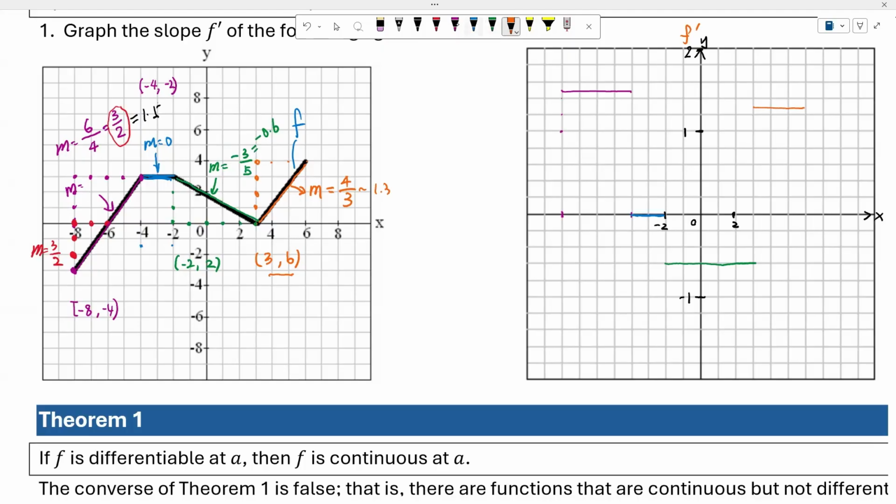Then now let us consider what happened at x equal to -4, x equal to -2, x equal to 3, or maybe the endpoints 6 and -8. Then you will see that, for example, at -4, at this moment right here, the slope of the tangent is changing rapidly, or maybe just changes from 1.5 to 0.